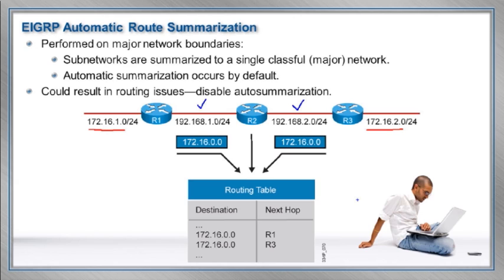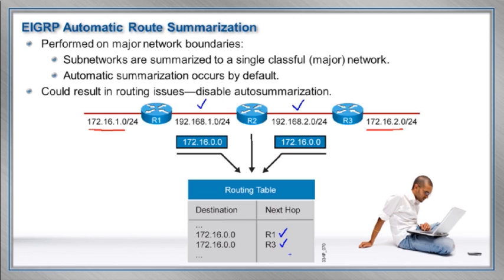Sure enough, the R2 routing table is going to say, I know how to get to 172.16 because of the automatic summarization, and it believes it's R1. R2 also says, I know how to get to 172.16, and I believe it's R3. You can see what R2 is going to do.